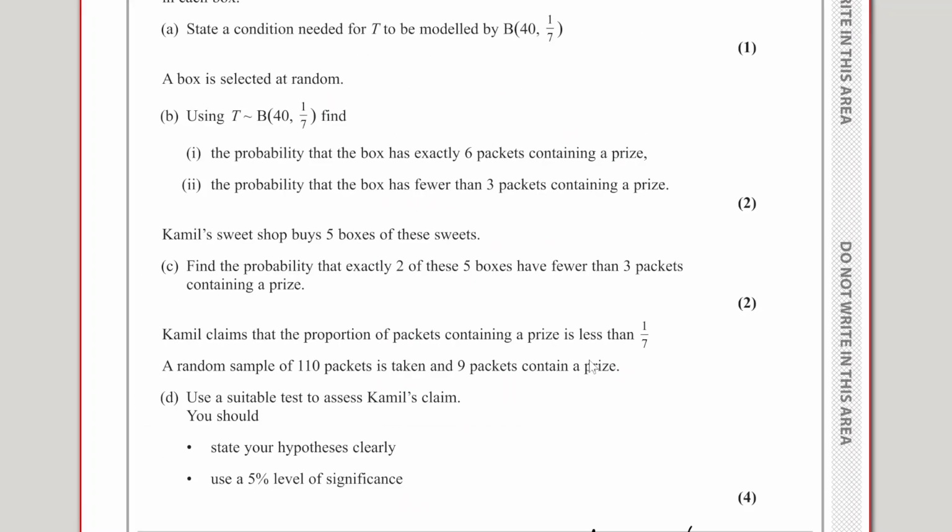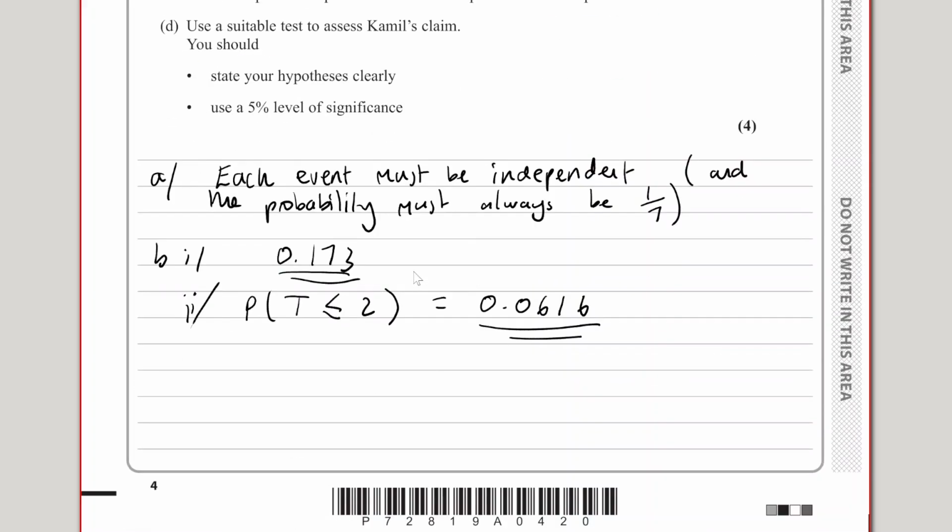Camille's sweet shop buys 5 boxes of these sweets. Find the probability that exactly 2 of these 5 boxes have fewer than 3 packets containing a prize. So we know the probability a box has got fewer than 3 packets containing a prize. That is our last answer. So this time we've got 5 chances and we want 2.